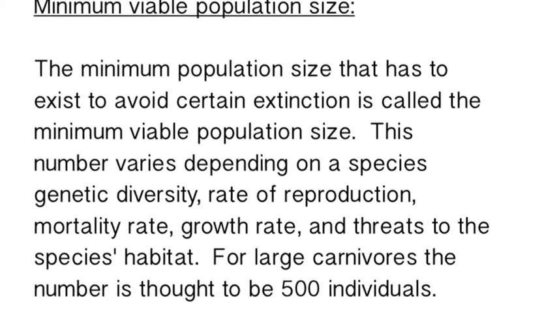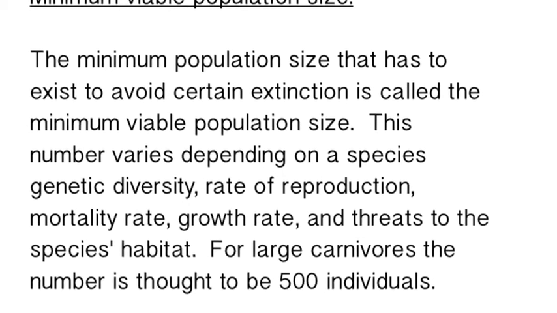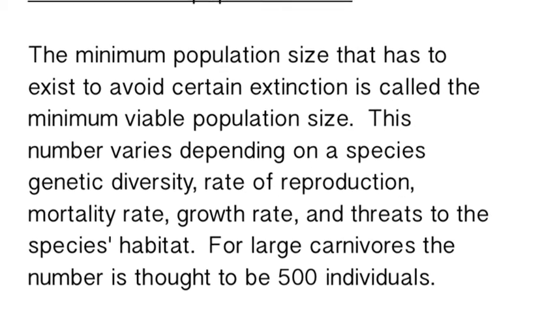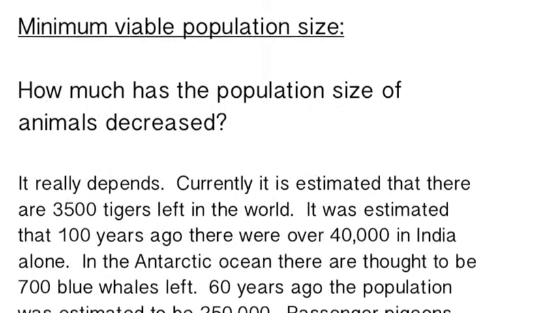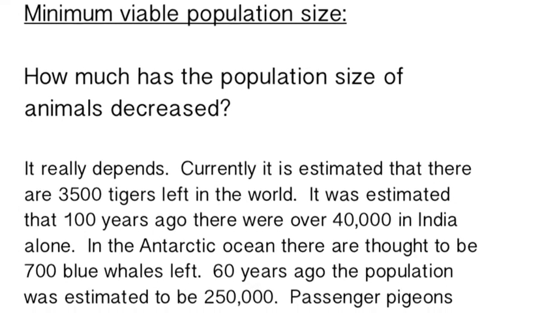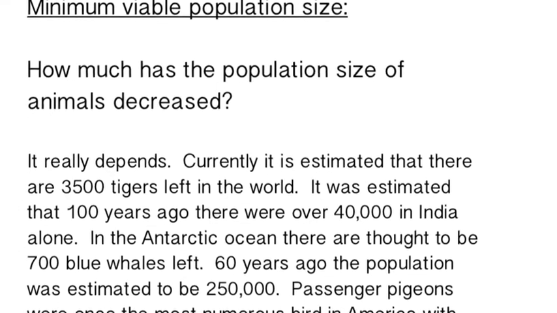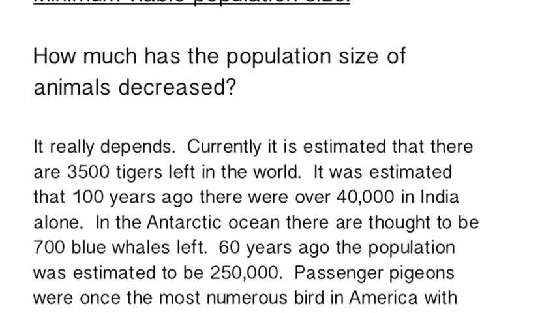Well, there's a minimum viable population size, and this varies depending on the species. It depends if it has low genetic diversity or high, if it has a fast rate of reproduction or slow, if it has a high mortality rate, all those things. But for the big carnivores, typically the magic number is 500.